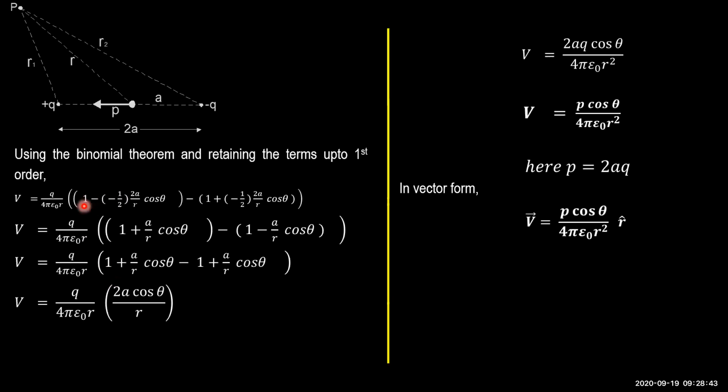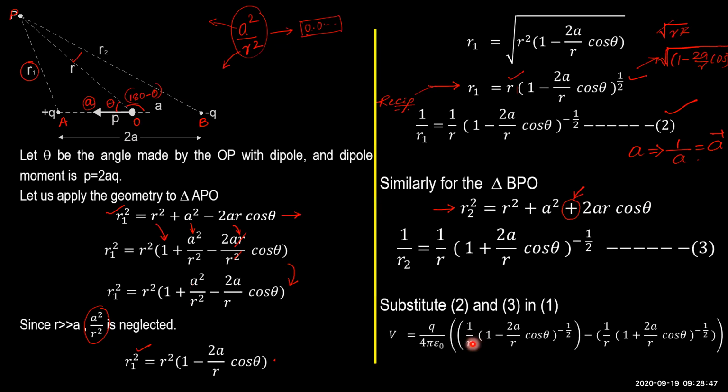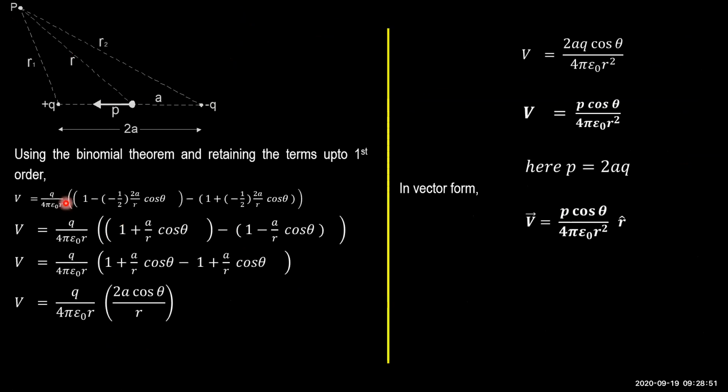And the 1 divided by r that we were having will come out and becomes a common term. That's why only 1 is left here.